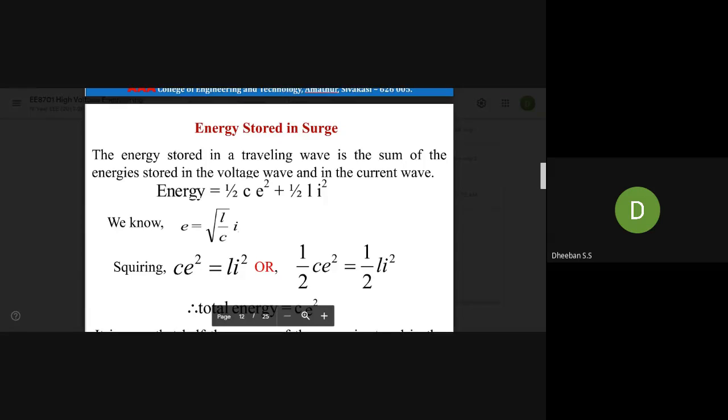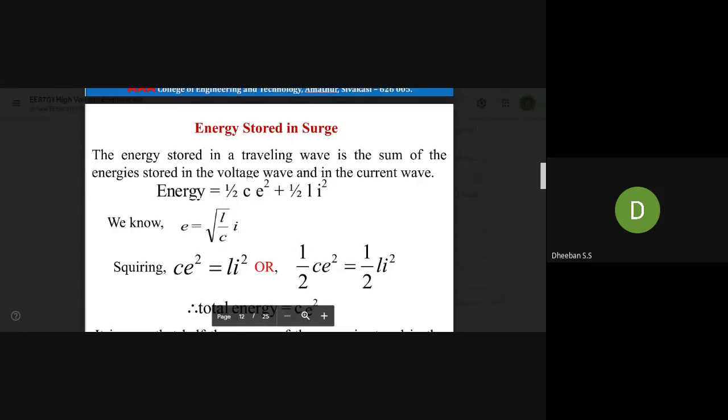In general, the capacitance stores your voltage, and the inductor stores your current. So these two are the storage elements.